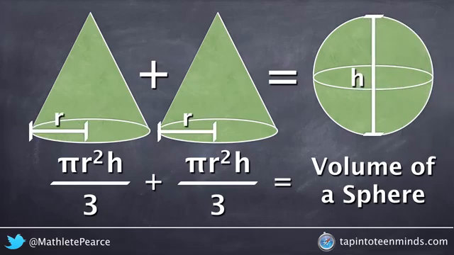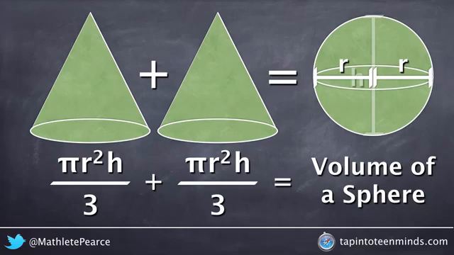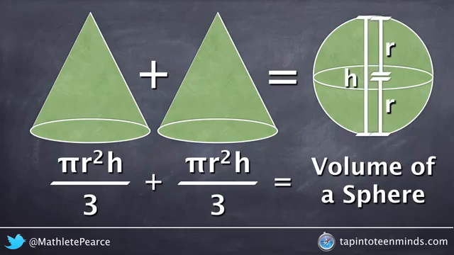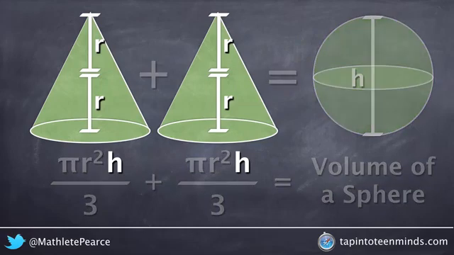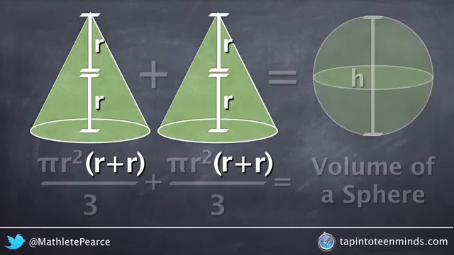If we analyze the relationship between the radius of the cones and the height of the sphere, we'll see that 2 radii is equal to 1 height of the cone and 1 height of the sphere. So rather than calling the height of the cone h, we could essentially replace h with r plus r, or 2 times r.